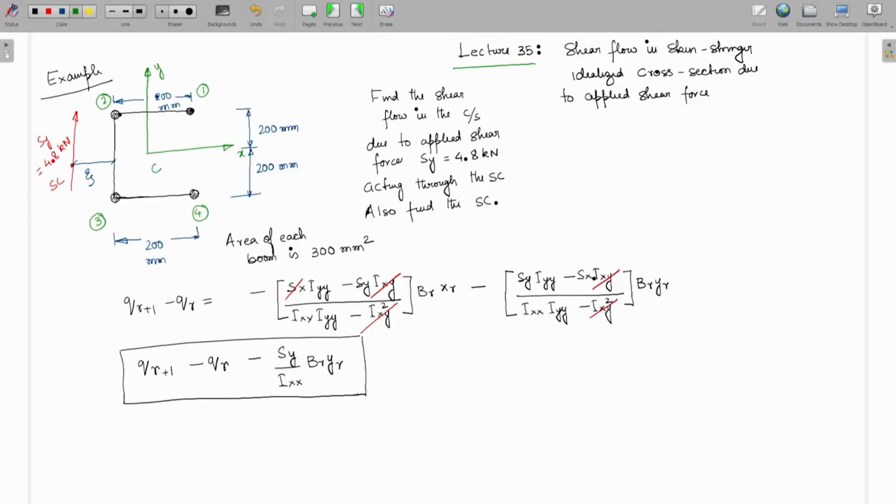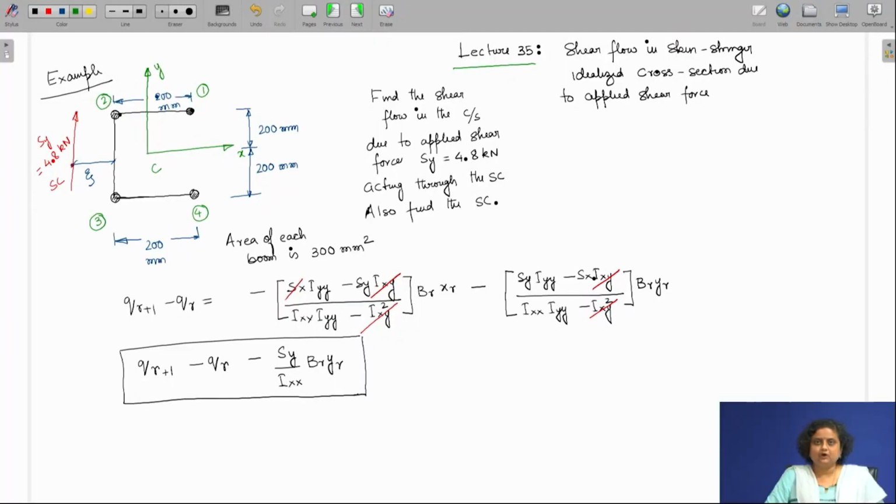Hello, let us continue where we ended in the last lecture, which was lecture 34. In this lecture 35, we will be solving the problem that we had discussed in the last lecture. Just to give a recap, we have a skin stringer idealized C-section.